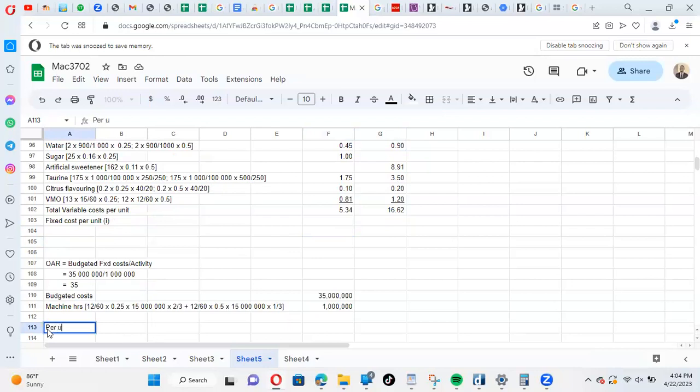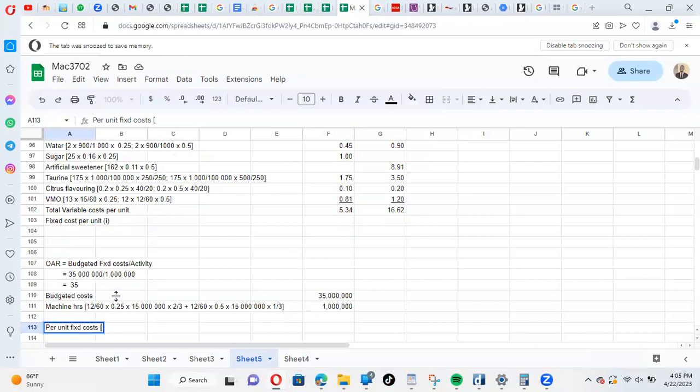So per unit fixed cost is therefore going to be, if this 35 is per machine hour, then we convert that machine hour into units, which has to be different.